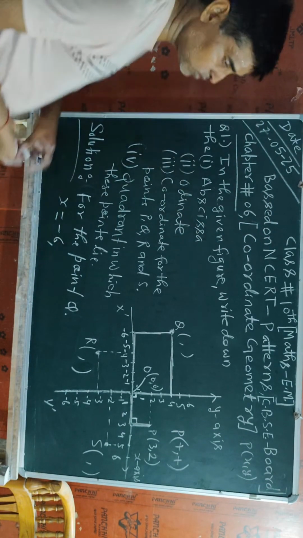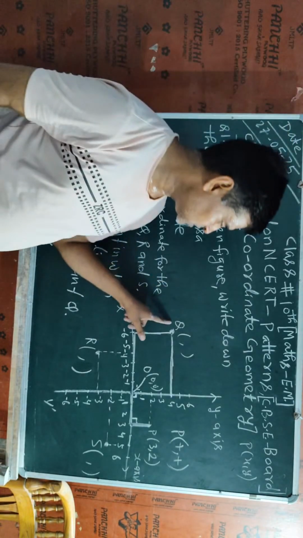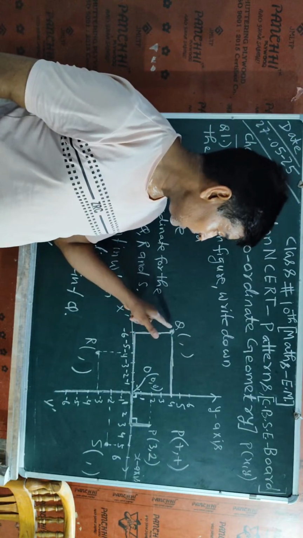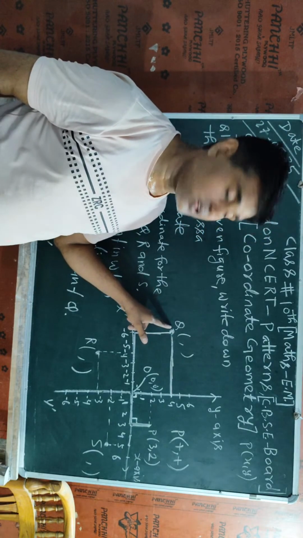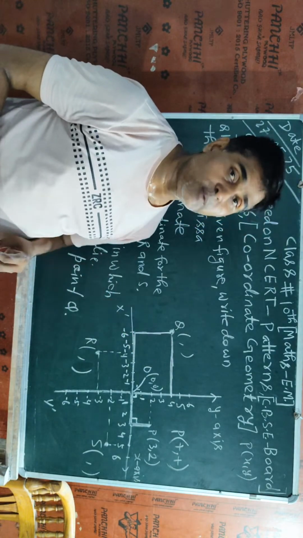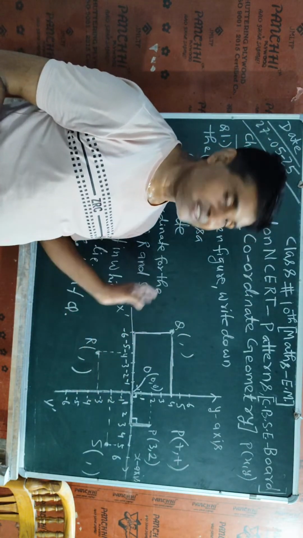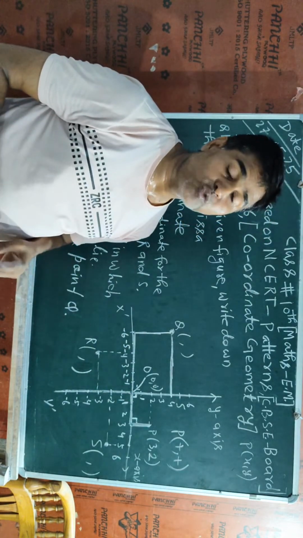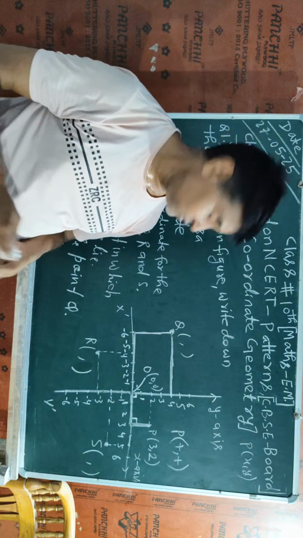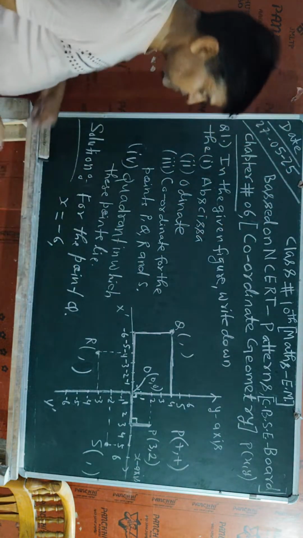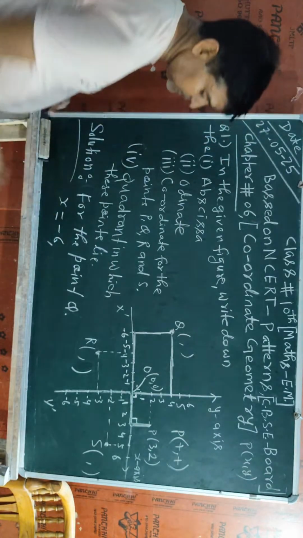Okay, students, so the abscissa value of this point will be -6 because the length from the y-axis is 6, but its sign convention will be minus, because from the origin it is on the left hand side. So I will consider the sign to be minus, but distance will always be positive, so the distance is 6.